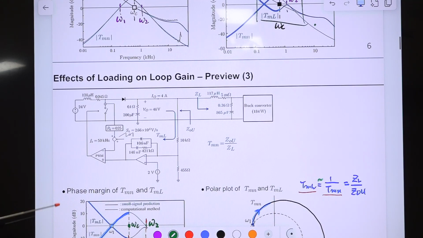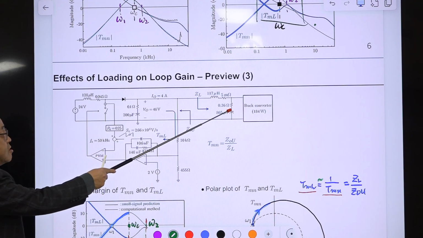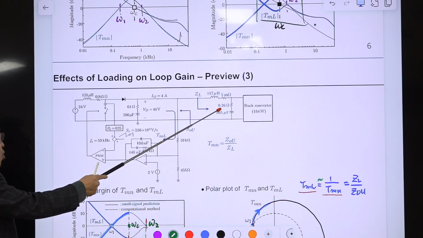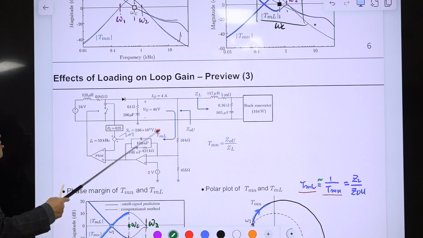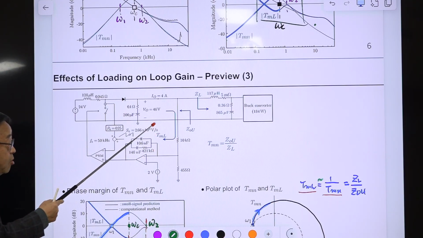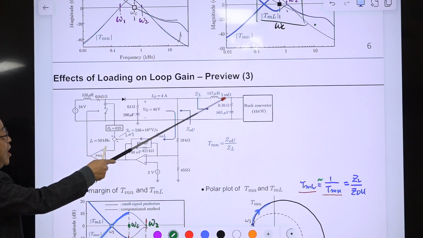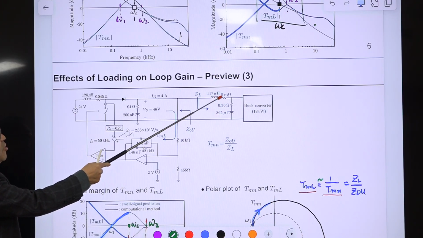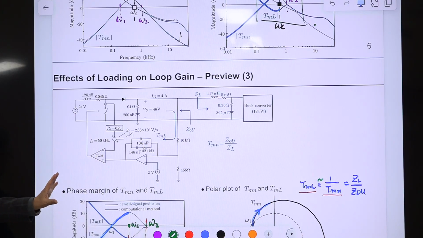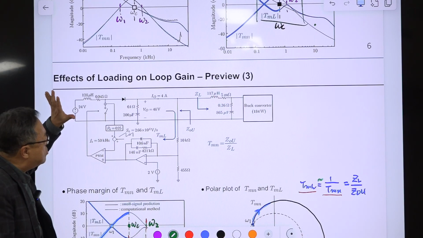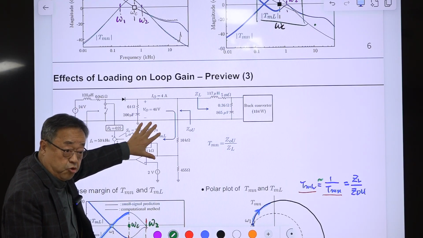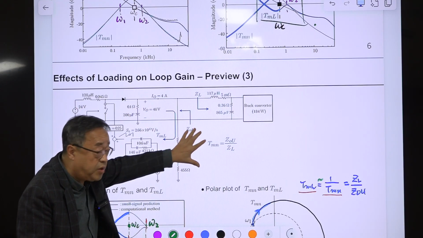So by adjusting the parameters of this, we can program the loop gain characteristics, because the converter has all the same metrics as the minor loop gain.